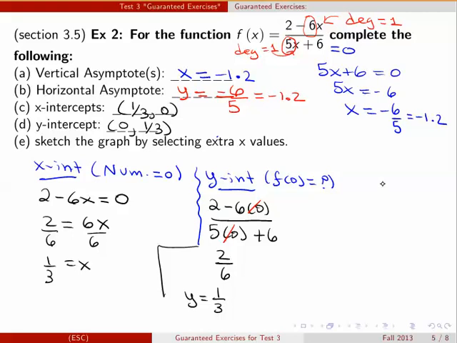We have these asymptotes at negative 1.2. That's the vertical asymptote. So we label negative 1, negative 2, and the vertical asymptote passes through negative 1.2. So draw a line. There's a horizontal asymptote at negative 1.2, so we go to negative 1, negative 2, and at negative 1.2, this line here, y equals negative 1.2.